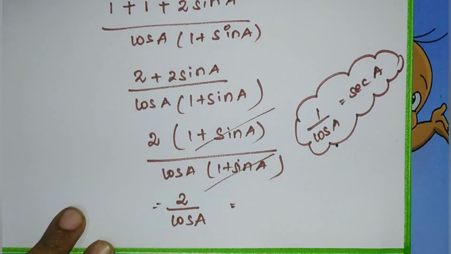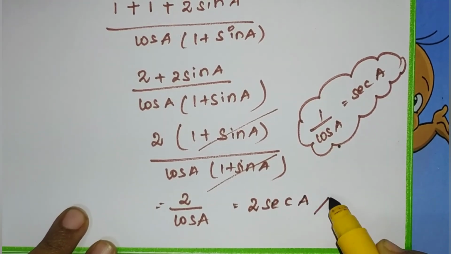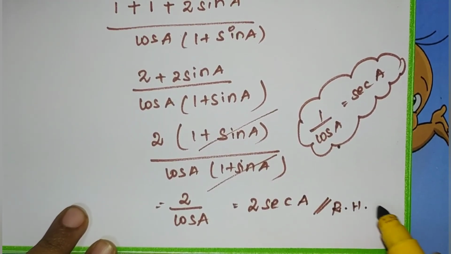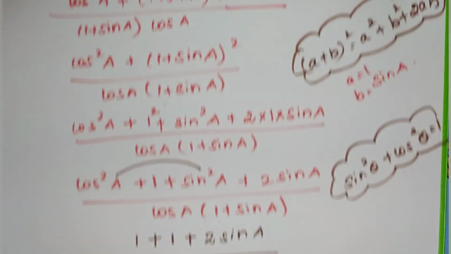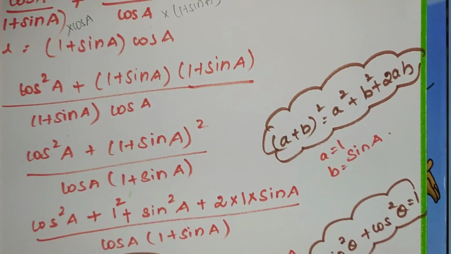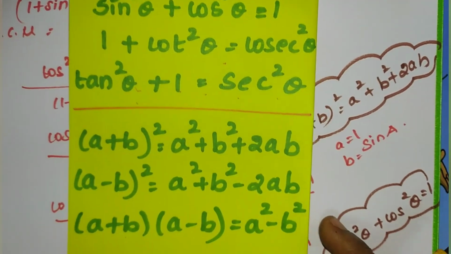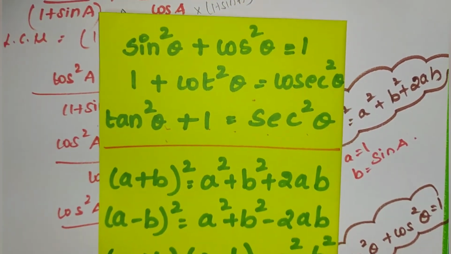So 2 secant A. So we proved the RHS. Clear? Hence proved. So first simplify, then use these three trigonometric identities and the algebraic identities. Clear? Thank you.